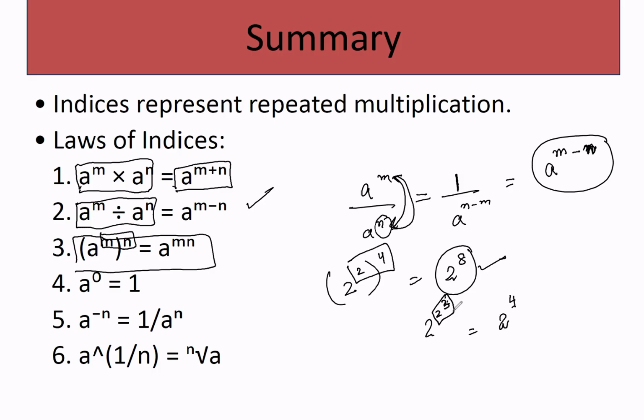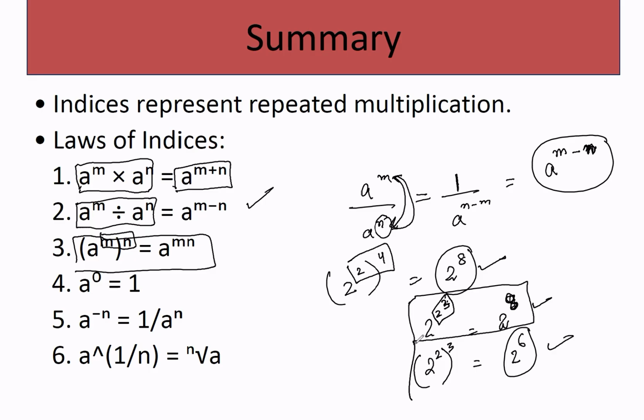Let's say 2 power cube: 2 times 2 is 4, 4 times 2 is 8. If there is no bracket, the answer is 2 power 8, but if there is a bracket, the answer is 2 power 6. Sometimes they just ask this in GCSE exams, so you have to know this.